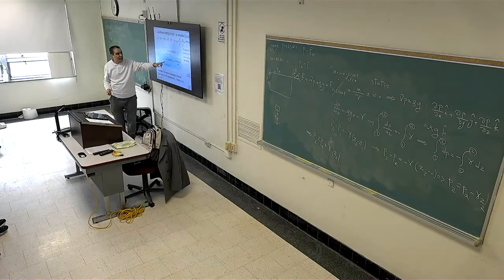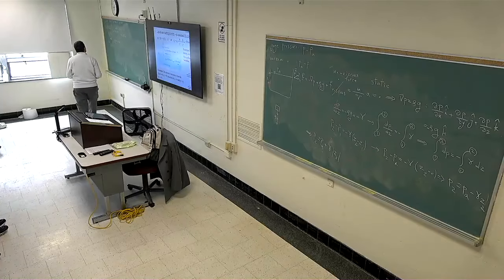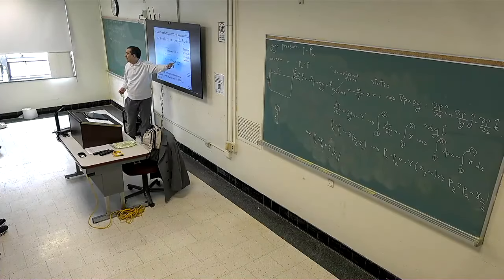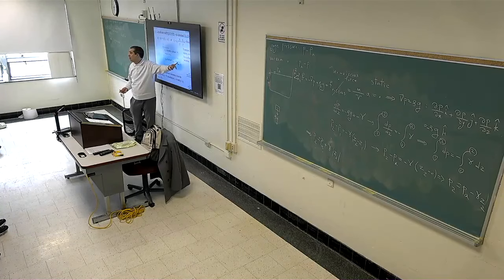Gamma of the air is 1.25 multiplied by 9.8, about 12. Gamma of water is about 9,700, nearly 10 power 4.